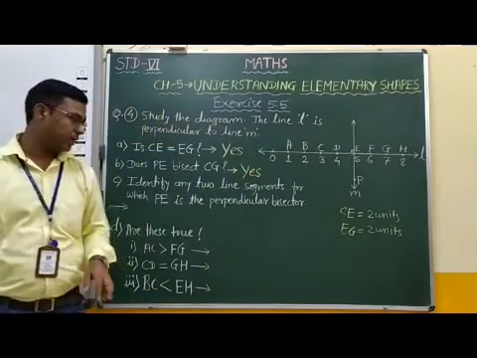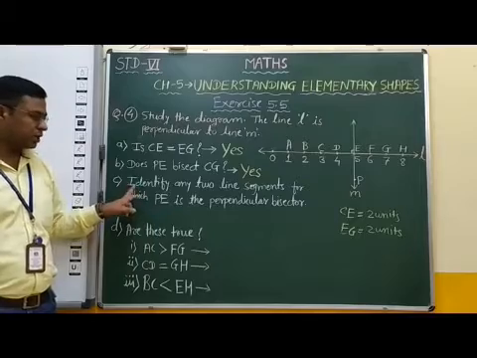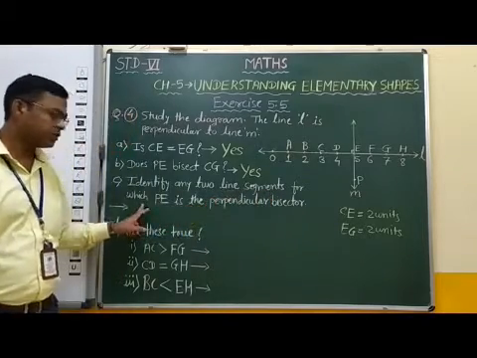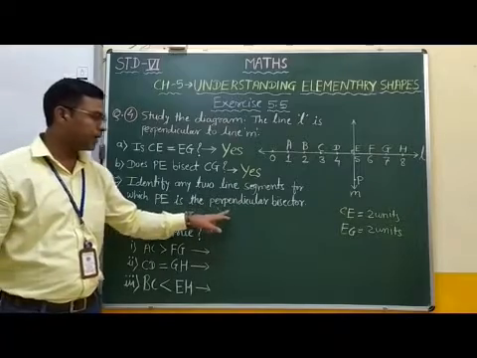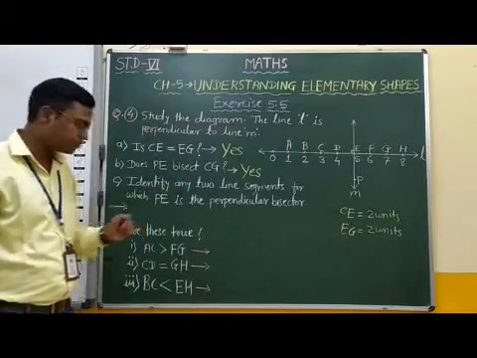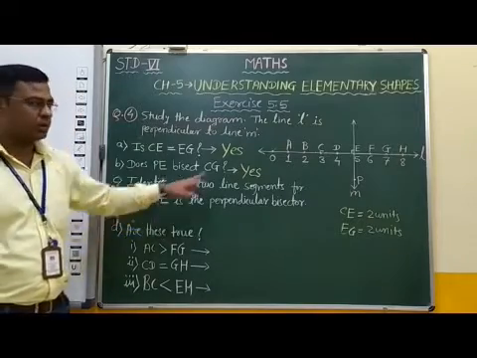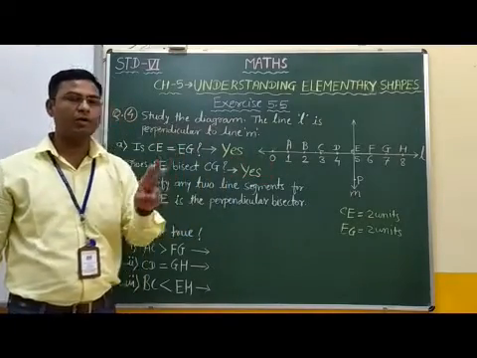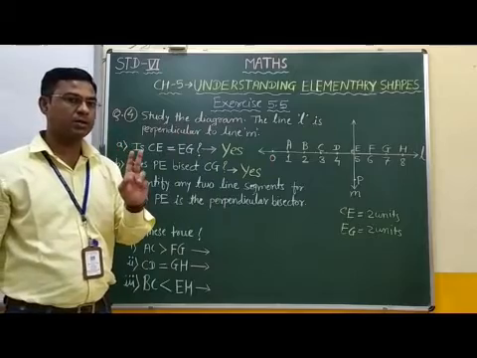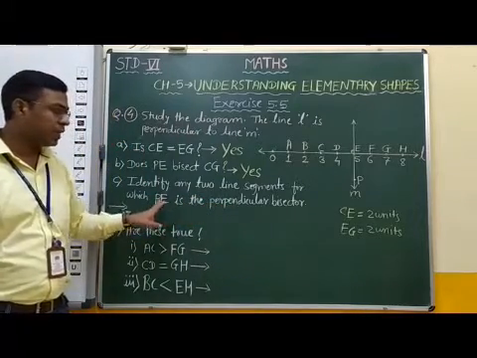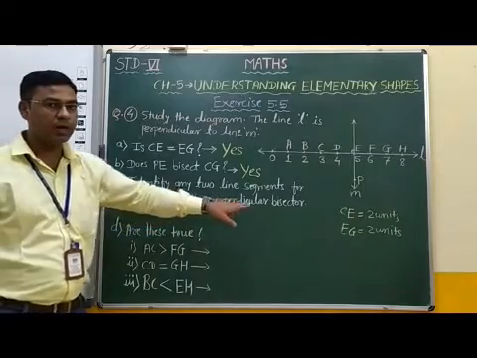Next, see the question. Identify any two line segments for which PE is the perpendicular bisector. In this figure we have to find two line segments for which line PE is the perpendicular bisector.